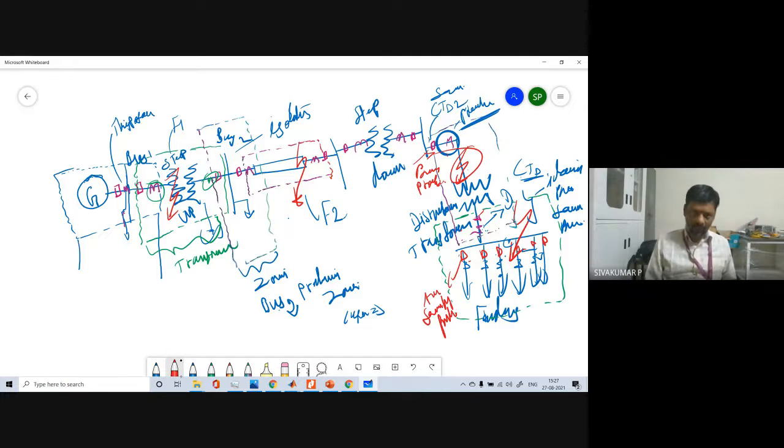The area a device covers is not a geographical area, it is an electrical area, which means impedance. Normally current is V divided by Z.